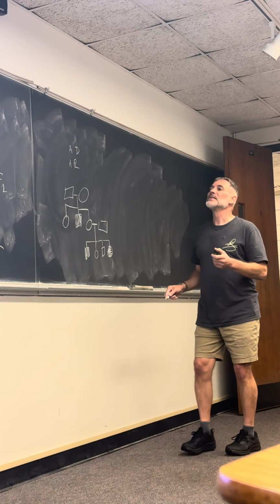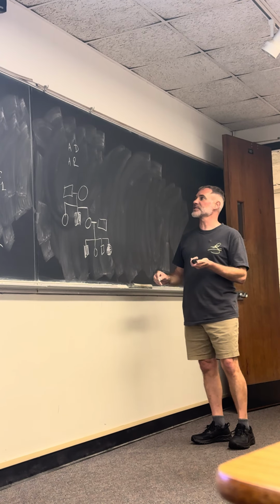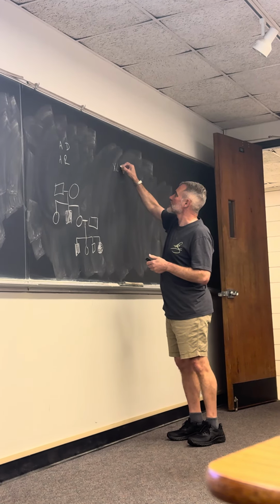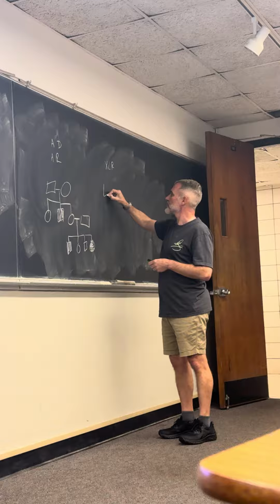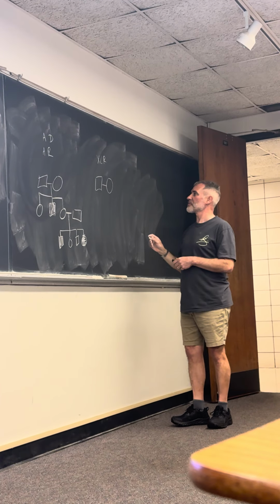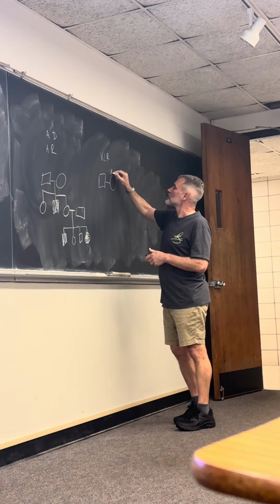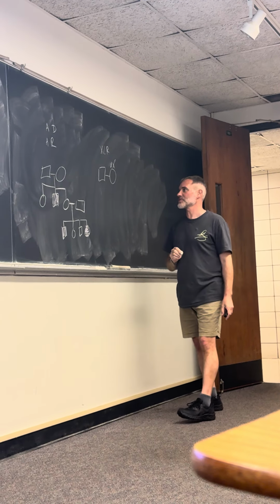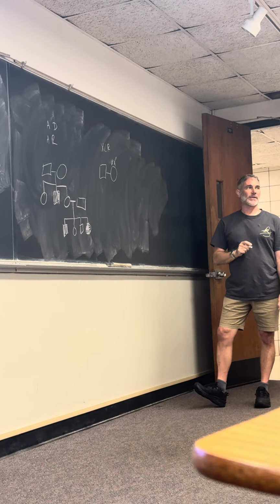But in any case, with X-linked recessive and X-linked dominant, the main difference in X-linked recessive: if we had a mom that was a carrier for the trait, let's say she has 2 X chromosomes, I'm going to put a little R there to show that one of her X chromosomes has a recessive trait.